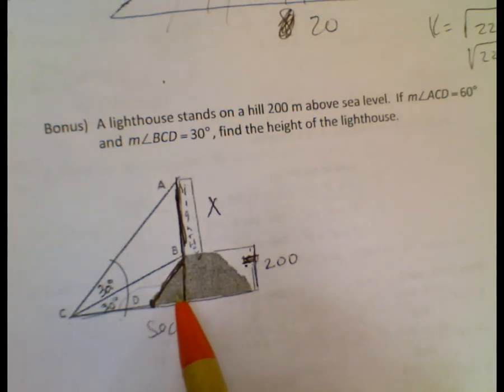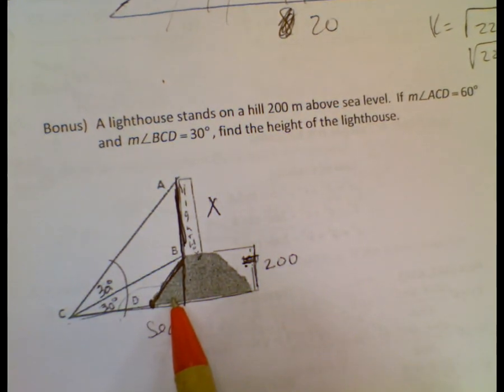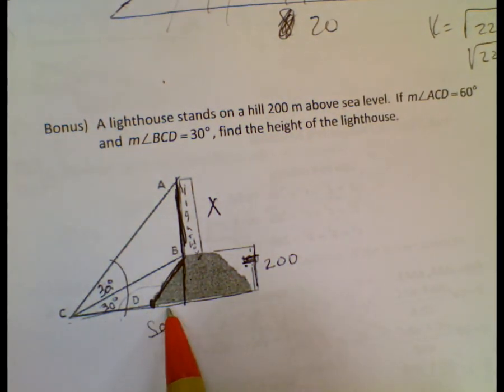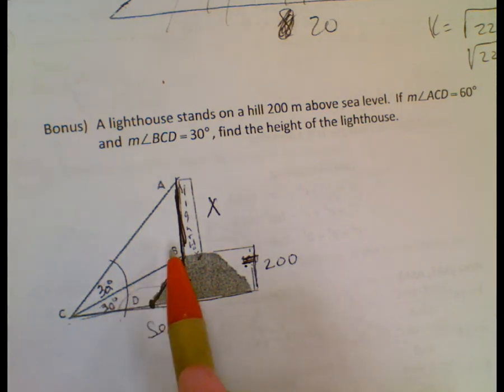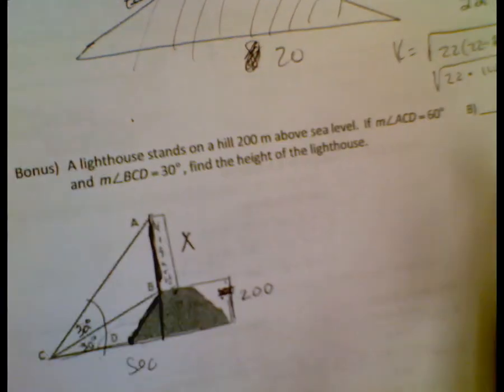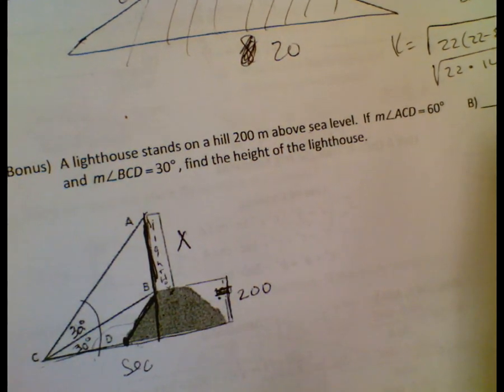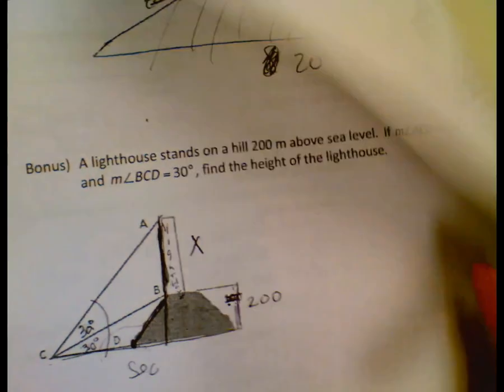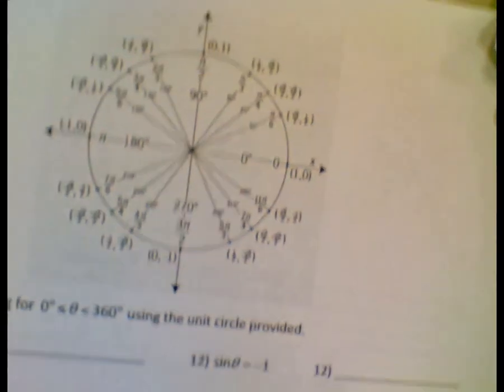And this is 90. I can figure out this, and I can figure out this. All right, this problem's a bonus. Should we continue this? No. Let's go to some easier stuff.